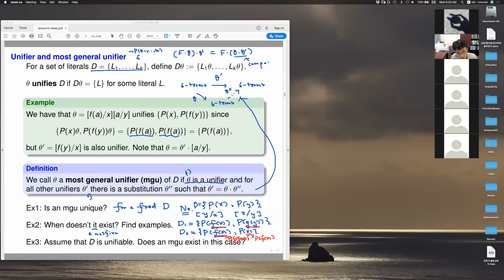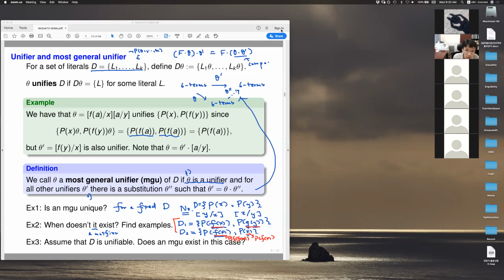So it's not a variable and term case, but a two different terms case. In this situation, we will never make them equal. Okay, so these are the two typical examples of when a unifier doesn't exist.